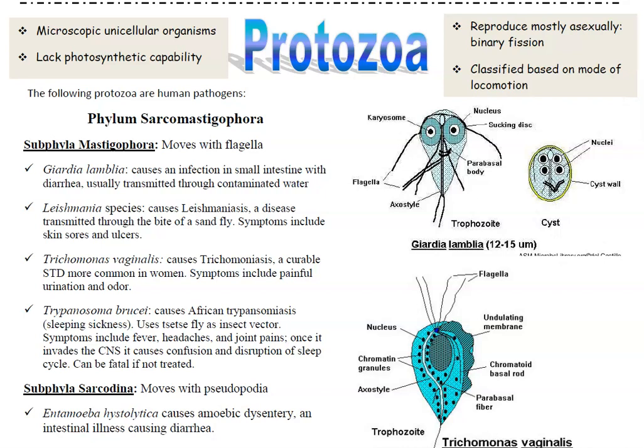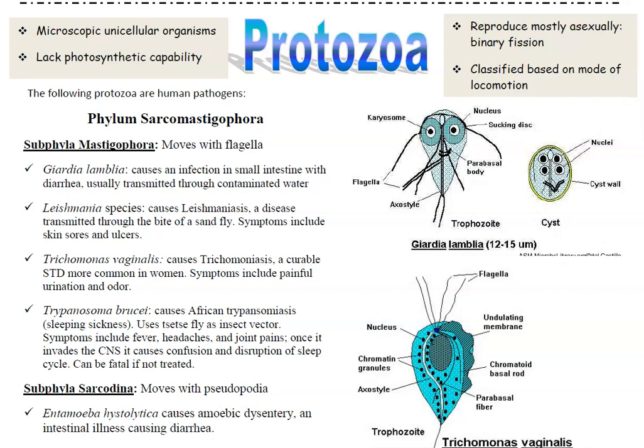So first we have phylum Sarcomastigophora. The subphyla Mastigophora means it moves with flagella. Examples include Giardia lamblia, which causes an infection in the small intestine, which causes diarrhea, and it's usually transmitted through contaminated water.